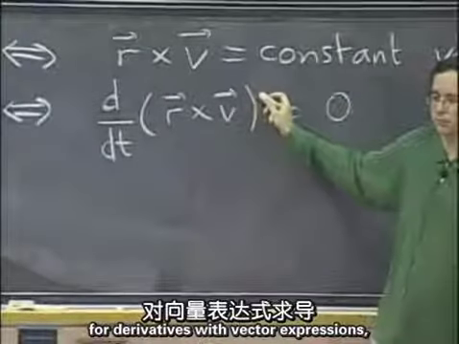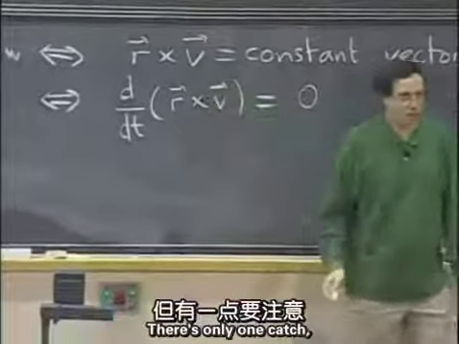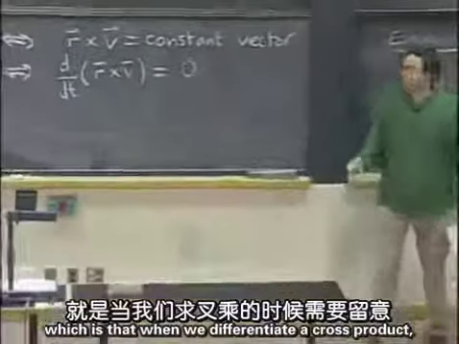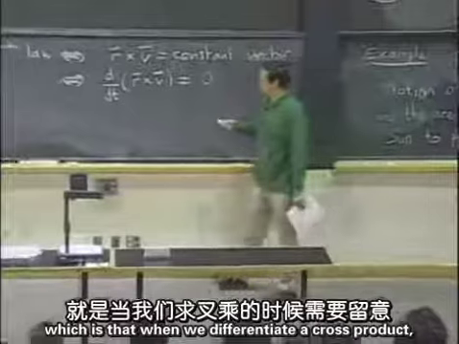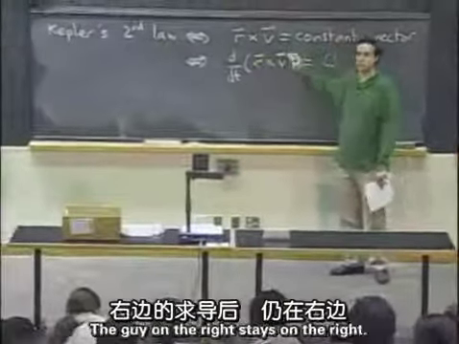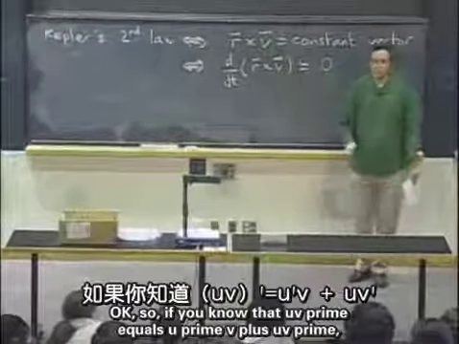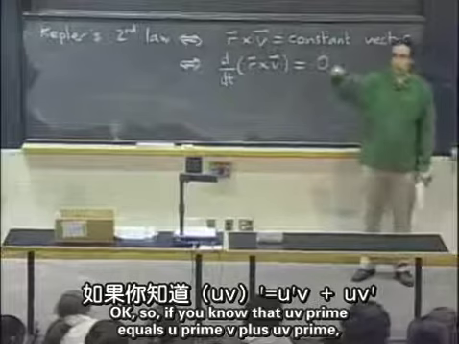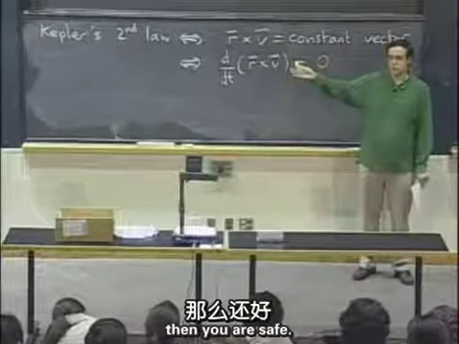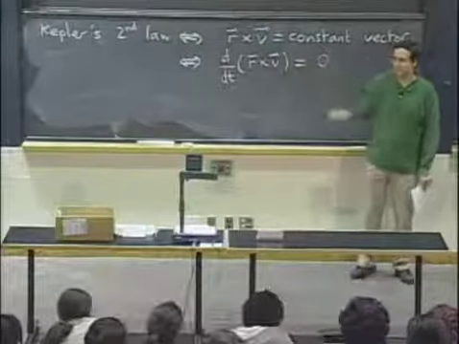Now, there's an interesting thing to know, which is that we can use the usual product rule for derivatives with vector expressions, with dot products or cross products. There's only one catch, which is that when we differentiate a cross product, we have to be careful that the one on the left stays on the left, the one on the right stays on the right. Okay, so if you know (uv)' equals u'v plus uv', then you're safe. If you know it as u'v plus v'u, then you're not safe.